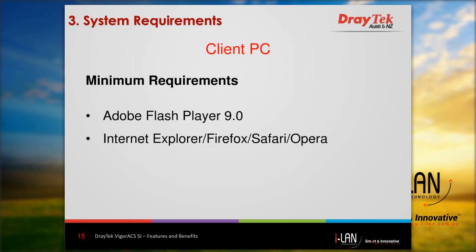And for the client PC that'll be used to access the server, the minimum requirements are Adobe Flash Player version 9 and Internet Explorer, Firefox, Safari or Opera, just any web browser will be okay.